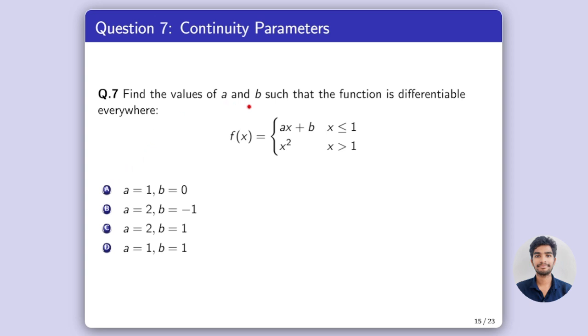Find the values of A and B such that the function is differentiable everywhere. Here observe that the values A and B are such that the function is differentiable everywhere. Let us differentiate, with f dash of x at x value 1.